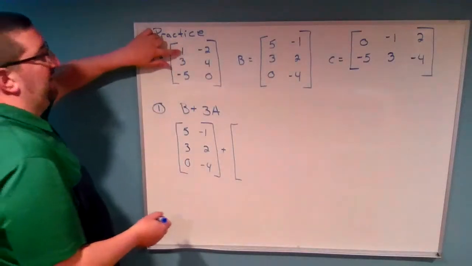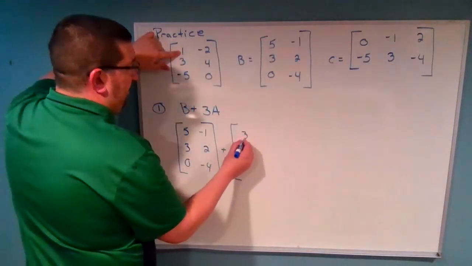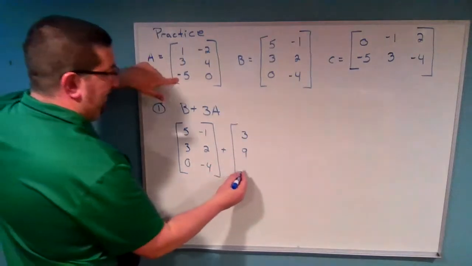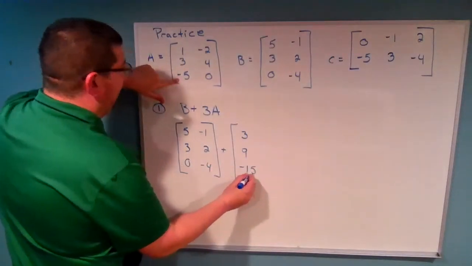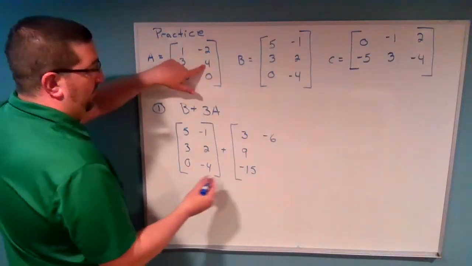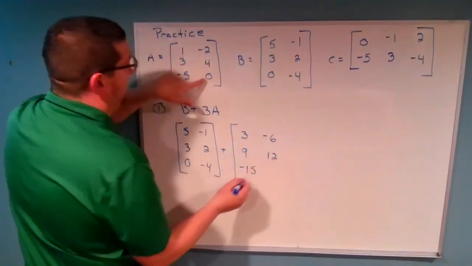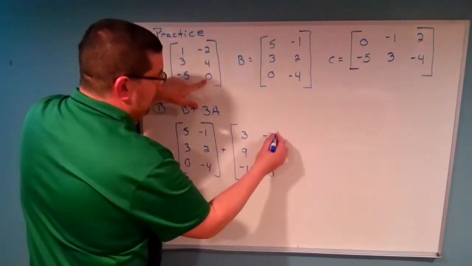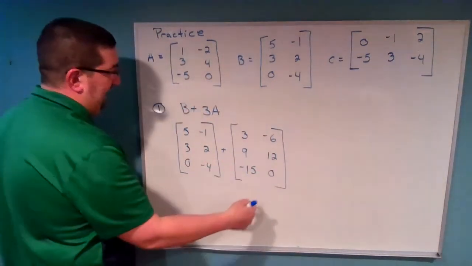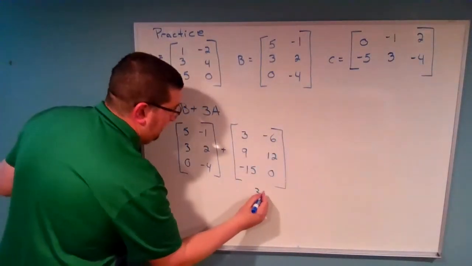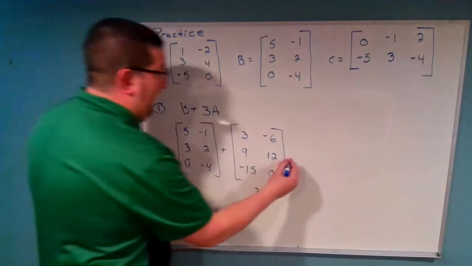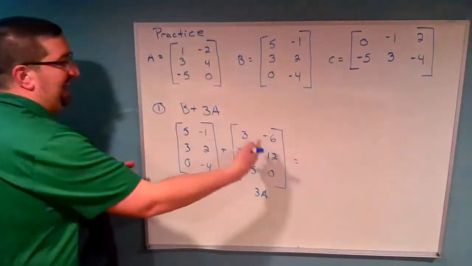So 3A would be 1 times 3, which would be 3. 3 times 3, 9. 3 times negative 5 would be negative 15. Negative 2 times 3, negative 6. 4 times 3, 12. And 0 times 3, 0. So now we have B plus 3A. This is 3A, 3 times A. Now we just need to add the parts together.